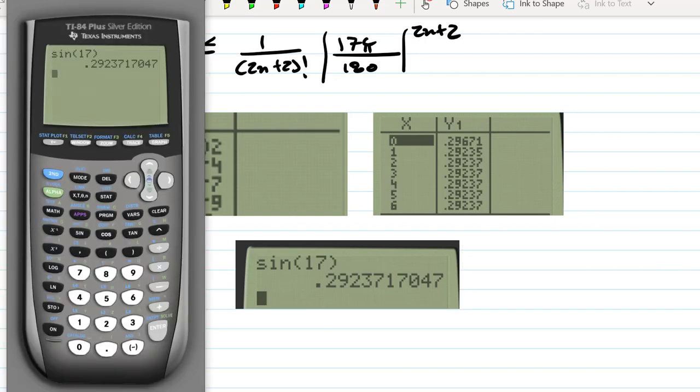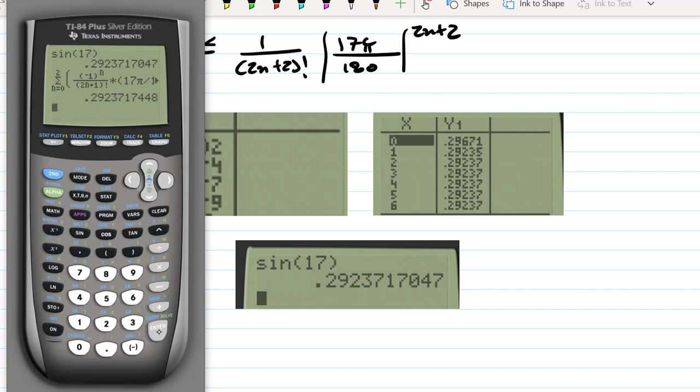So let's calculate the sum as n goes from 0 to 2 of our negative 1 to the n, all over 2n plus 1 factorial, times that 17 pi divided by 180 all raised to the 2n plus 1.